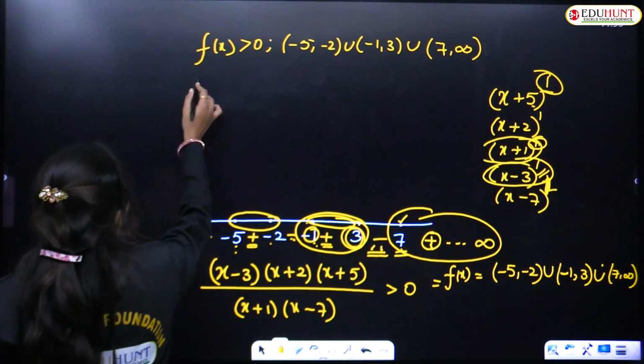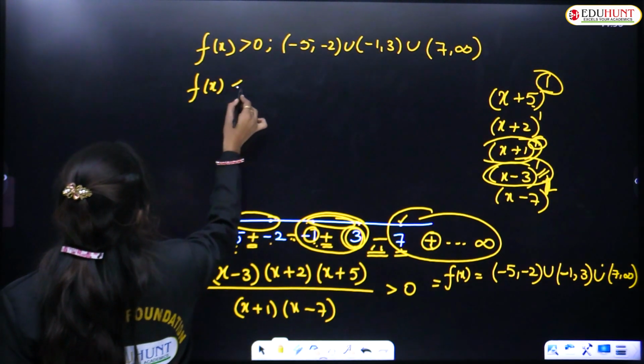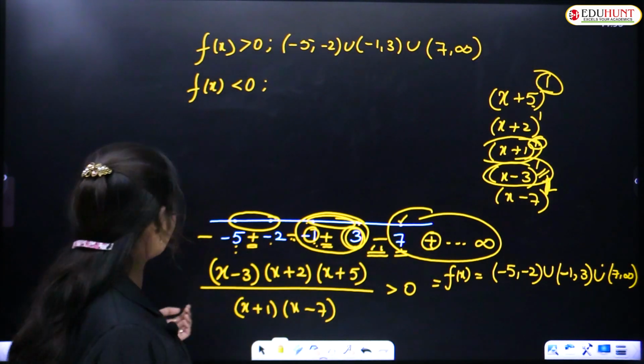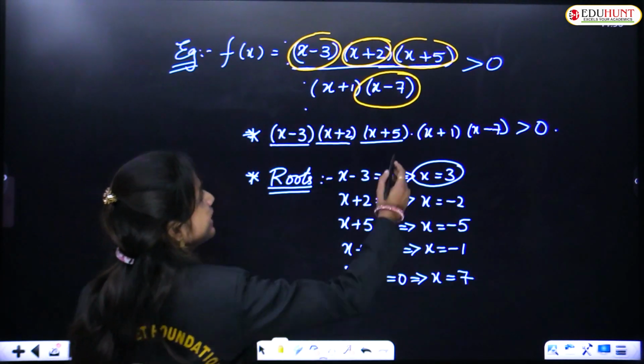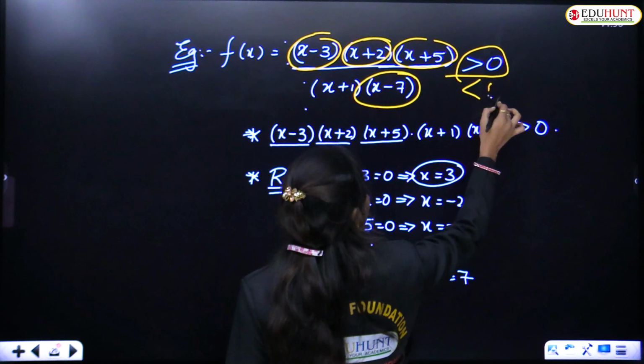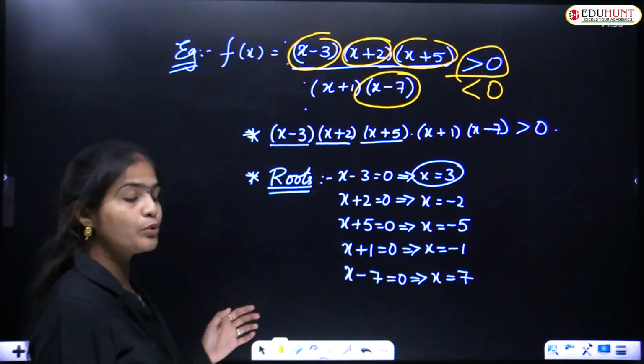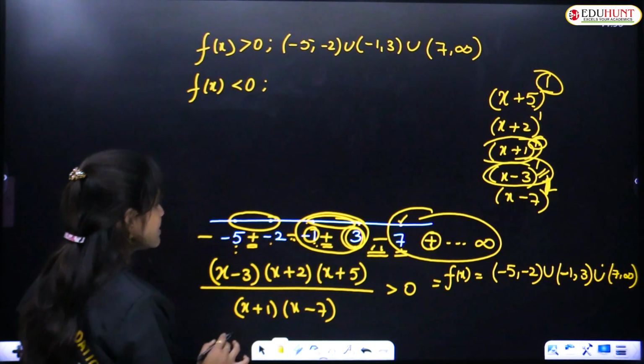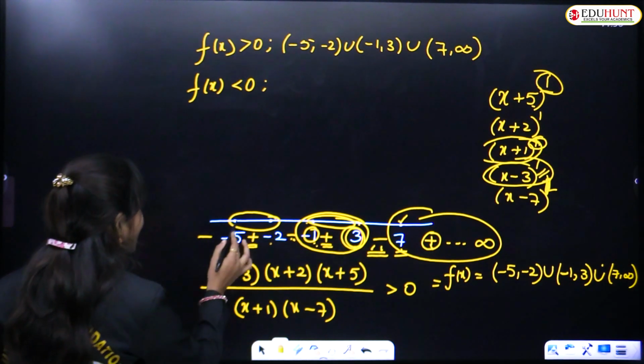For example, here f of x is less than 0. Just another example I am telling you, as here greater than 0 was given. For example, less than 0, then how to write the intervals? See here. Less than 0 means we have to check the negative signs. So where do we have negative sign?